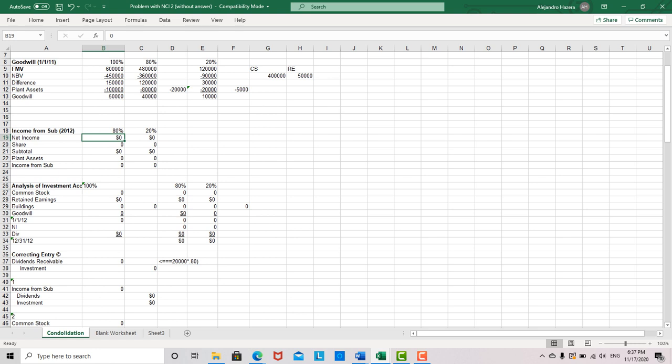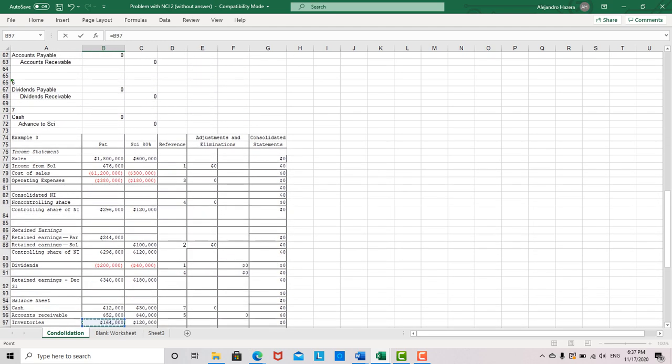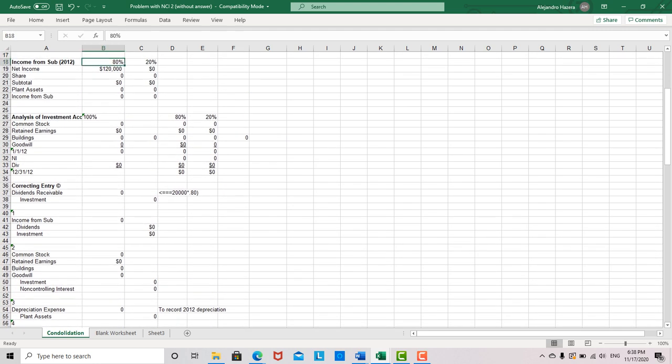And since this is the 2012 problem, this will be 2012 net income, and you should get it from the subsidiary's 2012 income statement. So let's go down, and right here, your income for the subsidiary for 2012 was $120,000. Controlling share of net income, it's really right there. Okay, so 120,000.